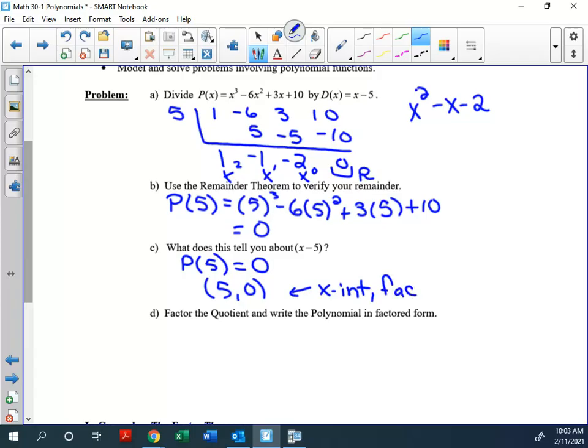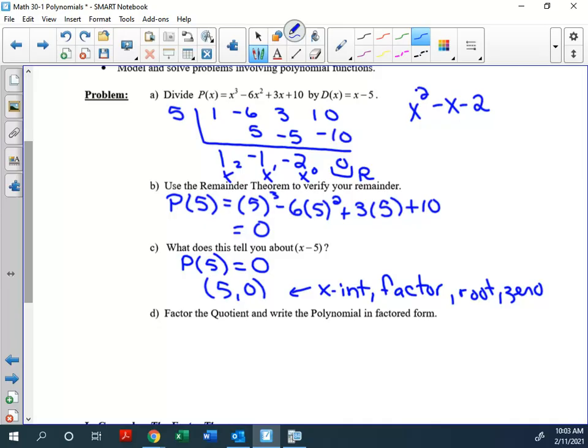I can also now interpret that I am going to have this as a factor of that polynomial. It's a root, it's a 0, it's a solution. So all of these words are going to be used in different contexts, depending on what you're being asked to do.